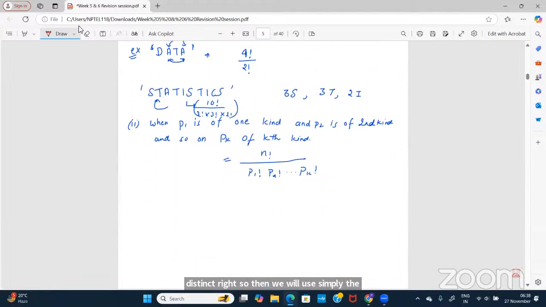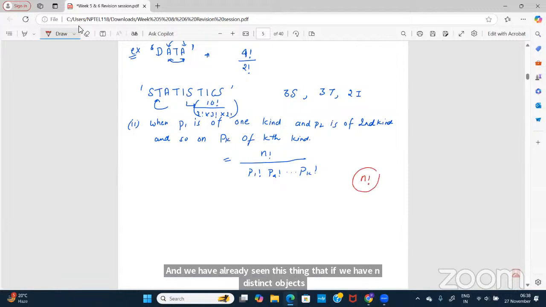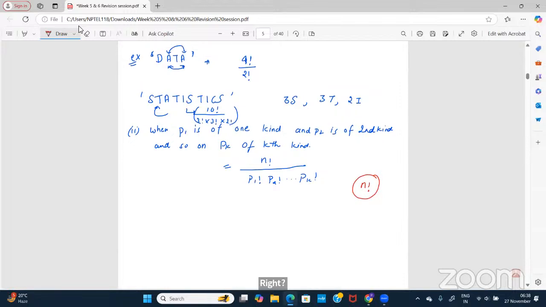We have already seen that if we have n distinct objects, we can arrange them in n factorial ways. So if all the letters are different, it will be n factorial, where n is the number of letters in that word.